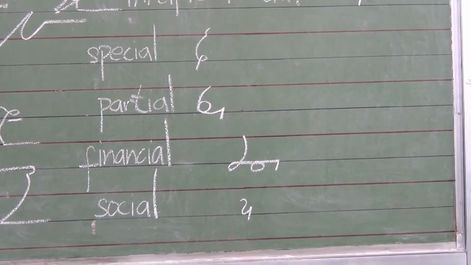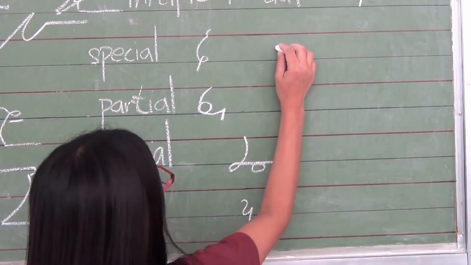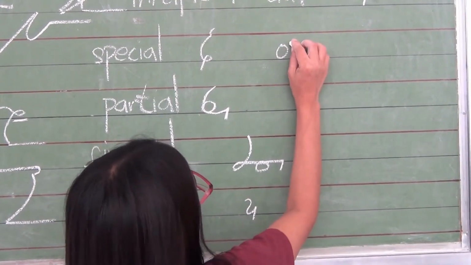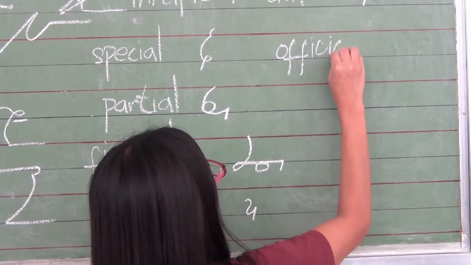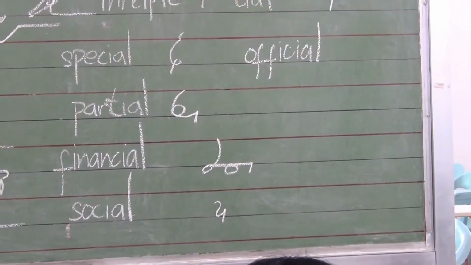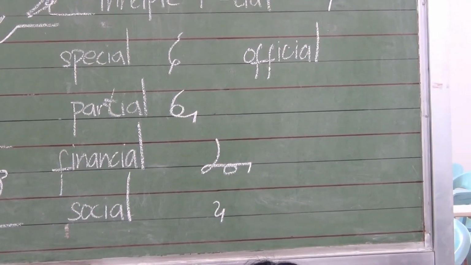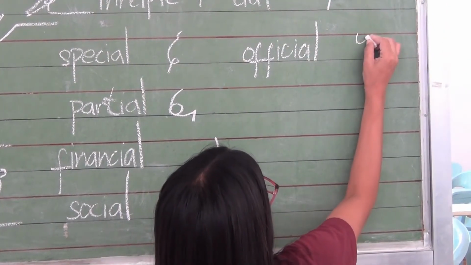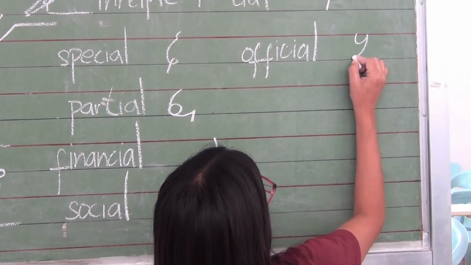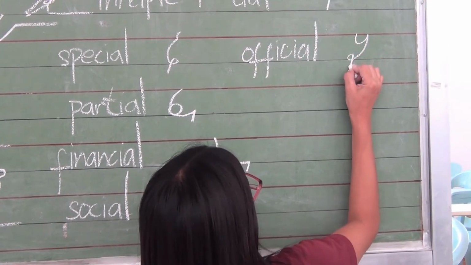Next, official. It is represented by O stroke, F, E, and each stroke.